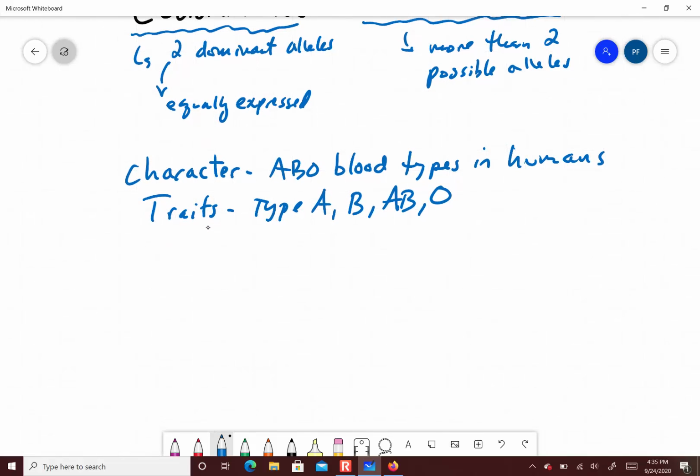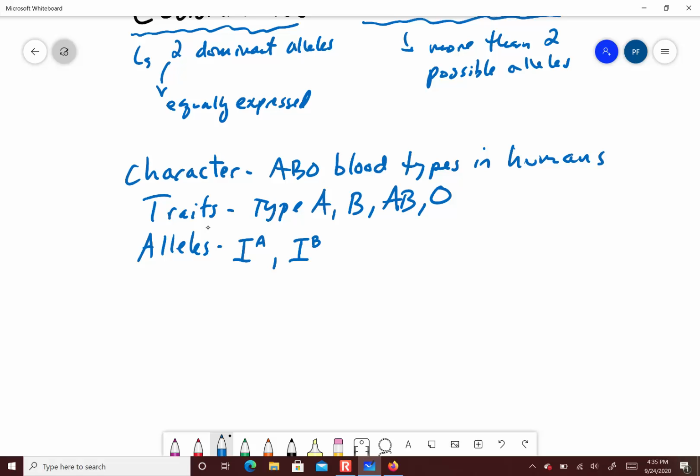And then I want to show you the alleles that we have. This is a little more specific than what we've seen. So far we've been using things like just A's or B's or whatever. These are really specific, and it just needs to be to make this work out correctly.